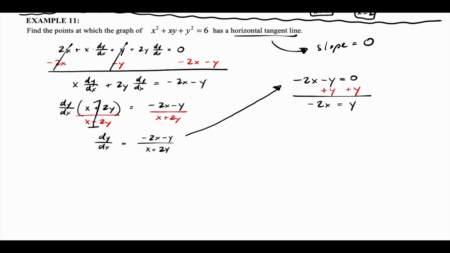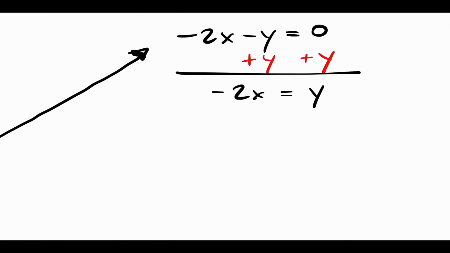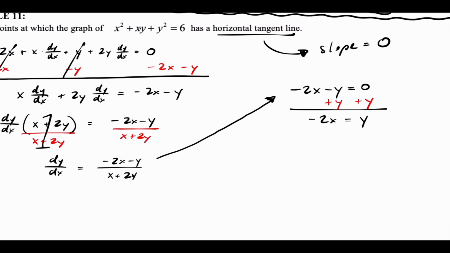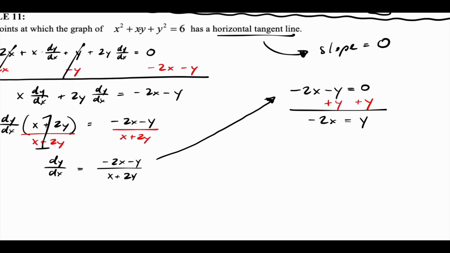We're going to plug in what y is equal to. Plug in everywhere there's a y into the original equation. Because if I do that, there will be no y's. So everywhere there's a y in the original, I'm going to plug in what it's equal to.